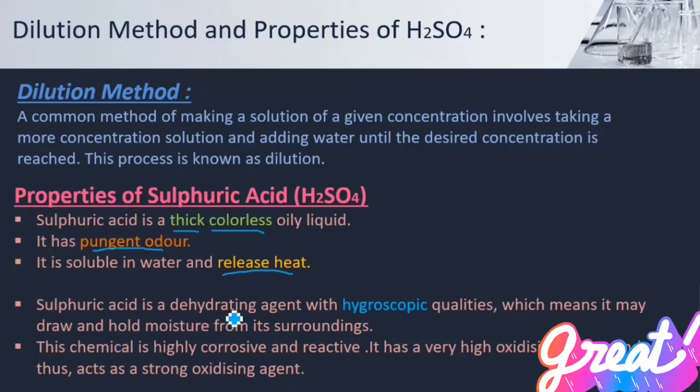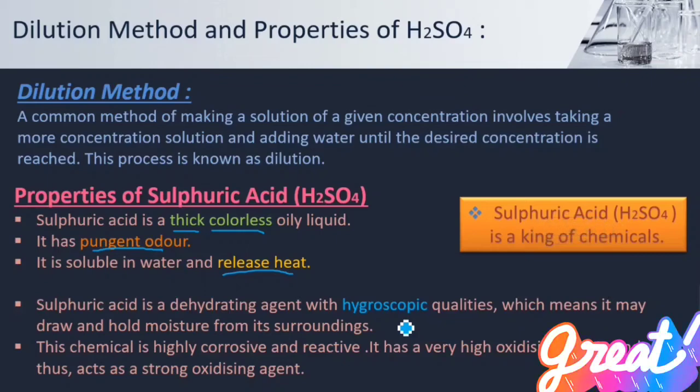Sulfuric acid is a dehydrating agent with hygroscopic qualities, which means it may draw and hold moisture from its surroundings. Lastly, this chemical is highly corrosive and reactive. It has a very high oxidizing power and thus acts as a strong oxidizing agent. It is basic information that sulfuric acid is the king of chemicals.